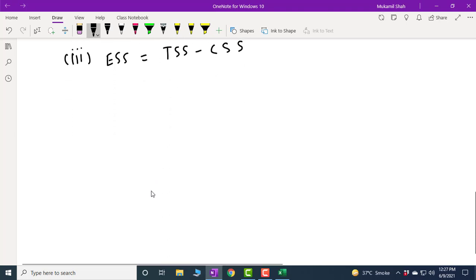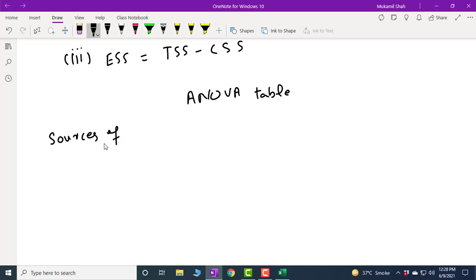You then need to develop an Anova table. Normally an Anova table contains 5 columns. The first column contains sources of variation: between columns and within columns.